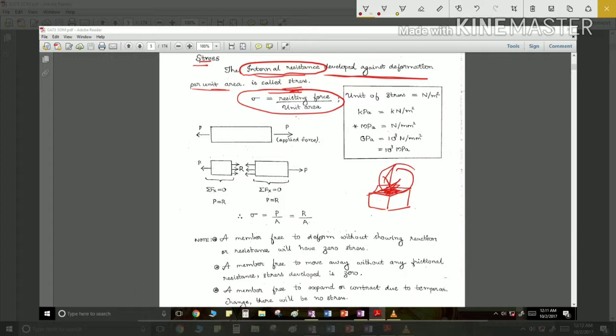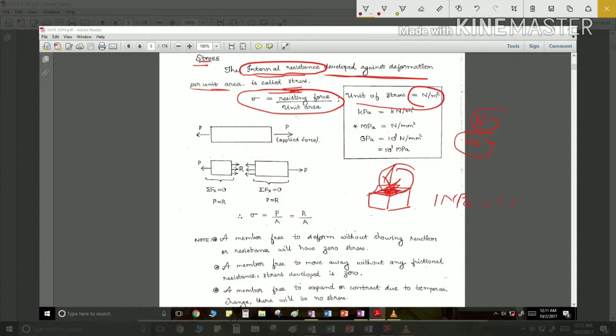Means how much force is acting here, that same force this material has to resist. So stress is nothing but resisting force by unit area, and unit of stress is equal to Newton per meter square, because force unit is Newton and area unit is meter square. So therefore stress unit is Newton per meter square.